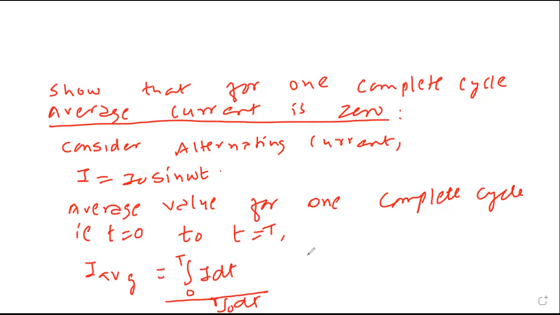Just copy till this formula, then I'm substituting the values and integrating it. Integral of I dt for one cycle divided by integral of dt for one cycle is called as I average for one cycle.